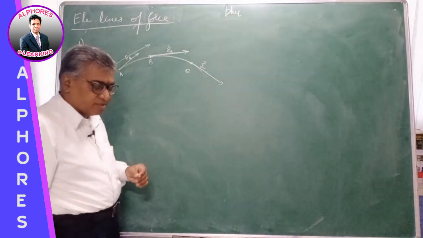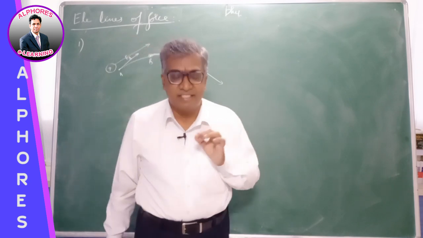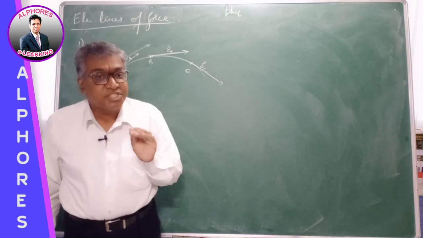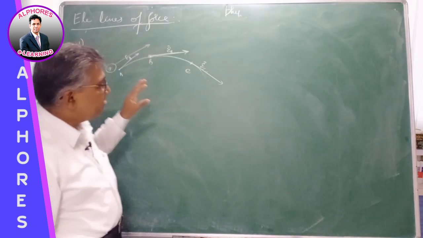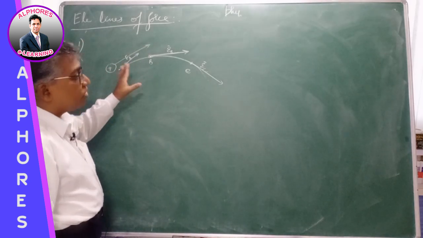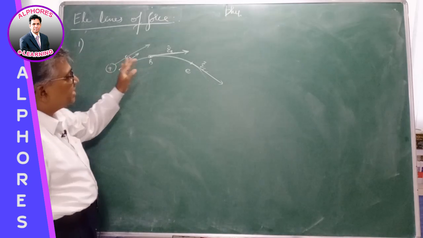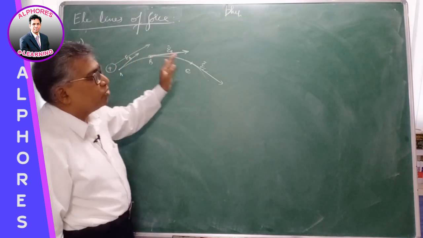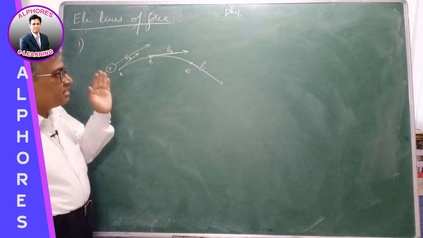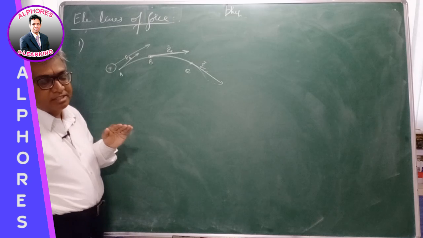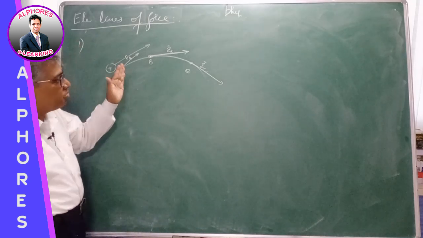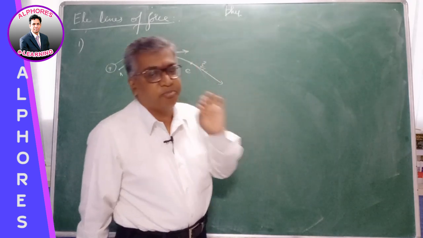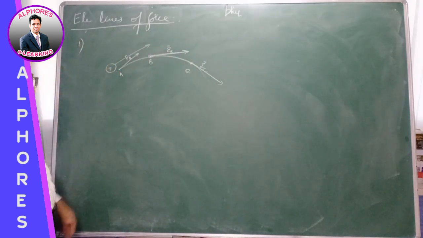So electric lines of force are imaginary lines or curves, geometric constructions, drawn in the path in which a unit positive charge would tend to move in the field, and the tangent drawn at any point to that curve shows the direction of the electric field at that point. This is the electric line of force.